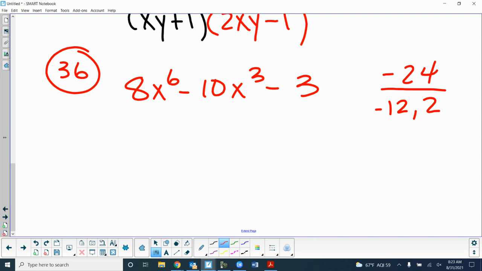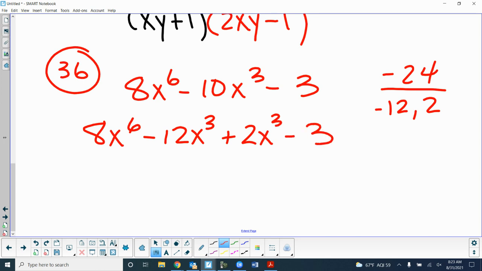Now, this 8x to the 6th stays that. And then it's negative 12. And then again, just use the x cubed. Whatever's there, that's what you use. Plus 2. And then the minus 3. So remember, the first and the last don't change. It's that middle one we change into those 2.